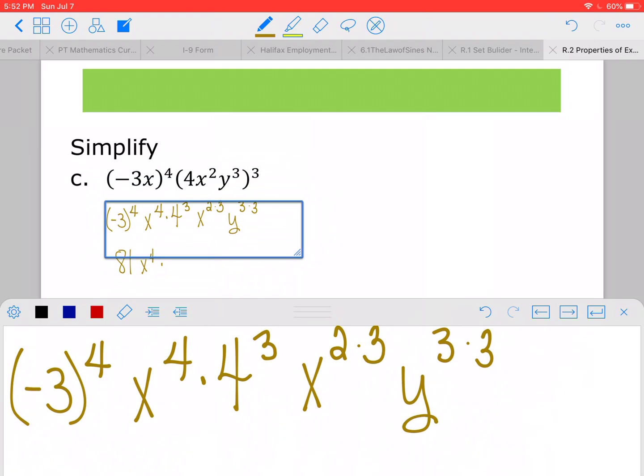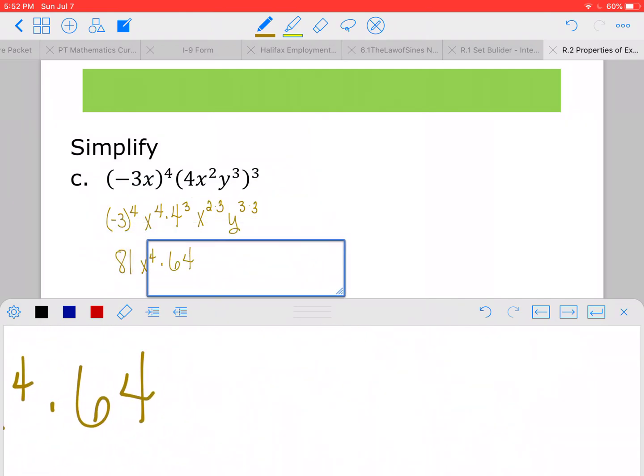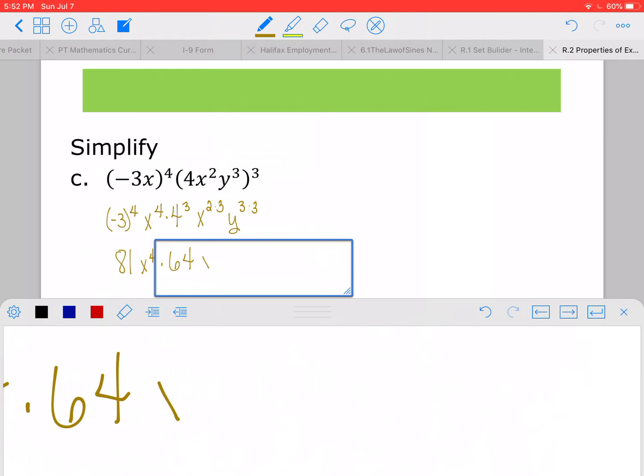That is, let me just double check my work here. Oh, that's not right. 64. That's what I thought. Okay, so 64. Then we've got x to the 2 times 3. So that's x to the 6th. And y to the 3 times 3 is y to the 9th.